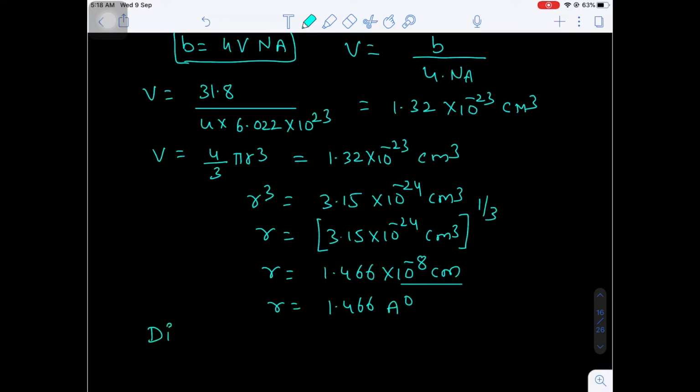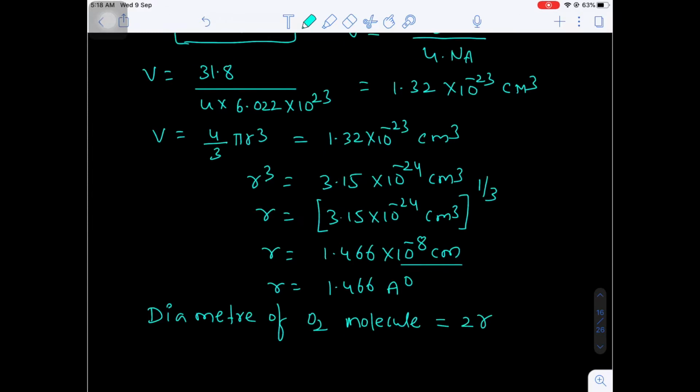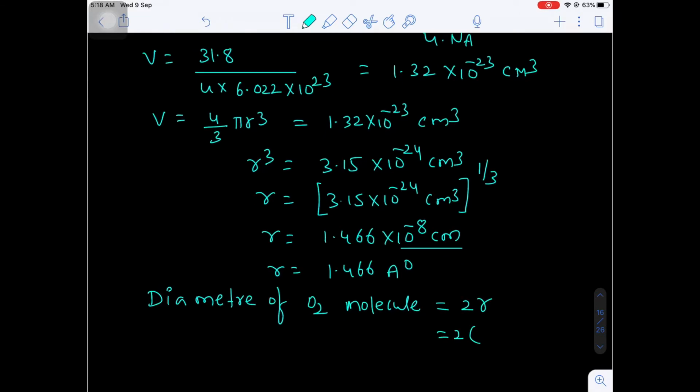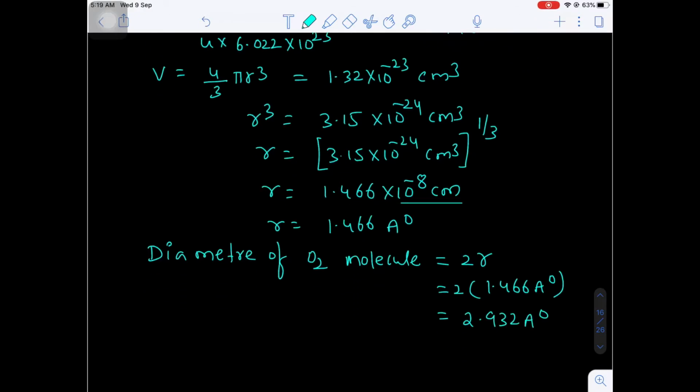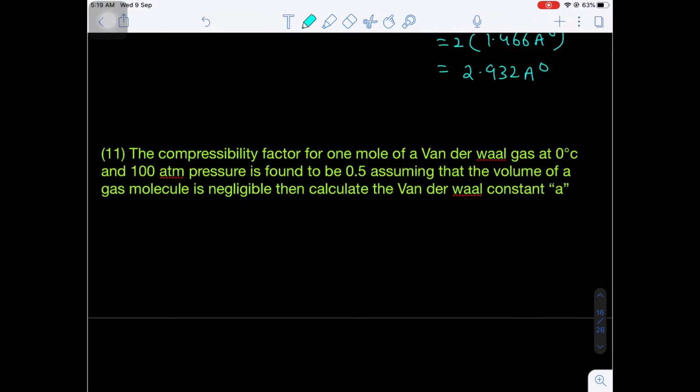But in the question, the diameter of the O2 molecule is 2 times the radius. So 2 times 1.466 angstroms, that will be 2.932 angstroms.